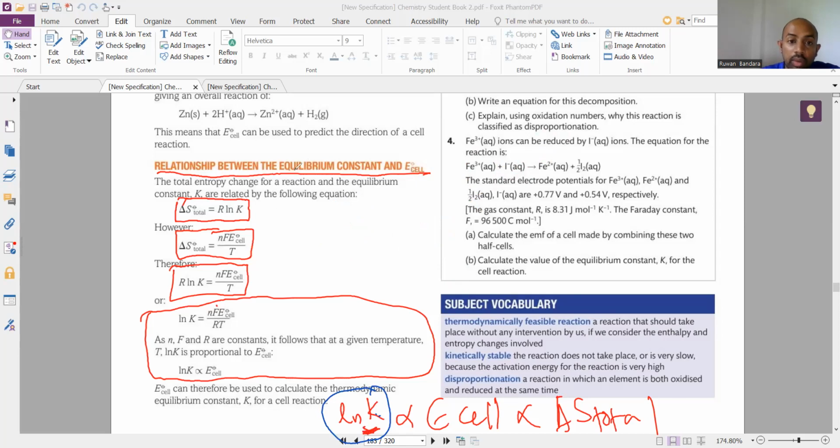Remember, this is the equilibrium constant. Okay, if you are done writing, you can go for this question, question number 4.